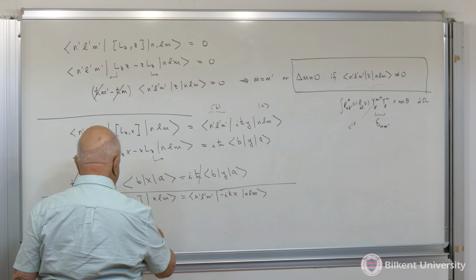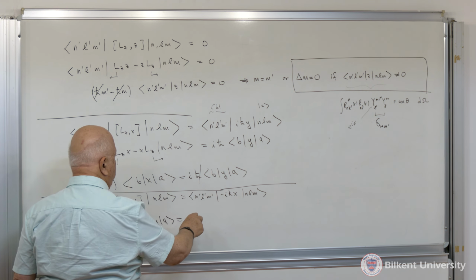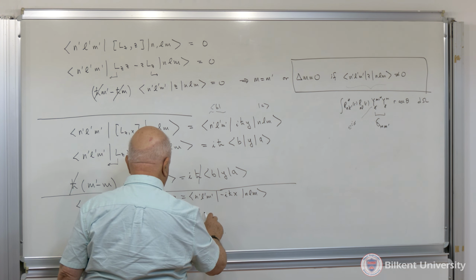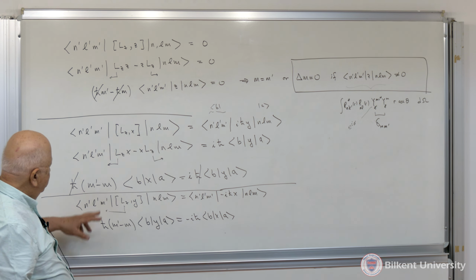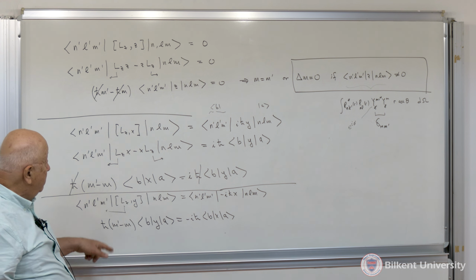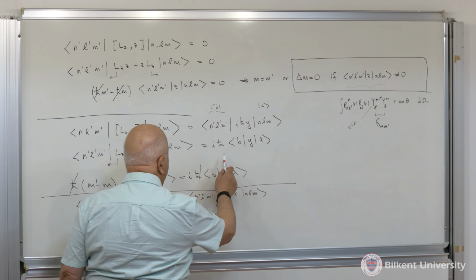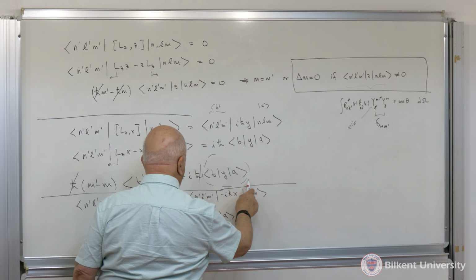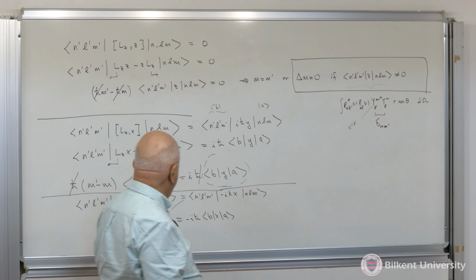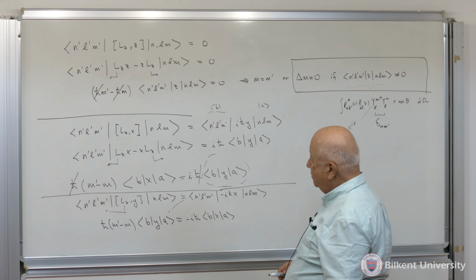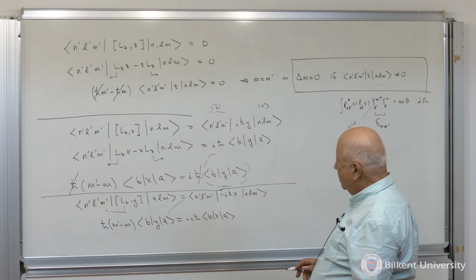So this time we have <B|Y|A> is equal to minus i ħ <B|X|A>. Same sort of thing. If you know this Y, you can know that. But now we can combine these things. I can take this term here and put it in there. I have to divide by i, so that means I have to multiply by minus i.